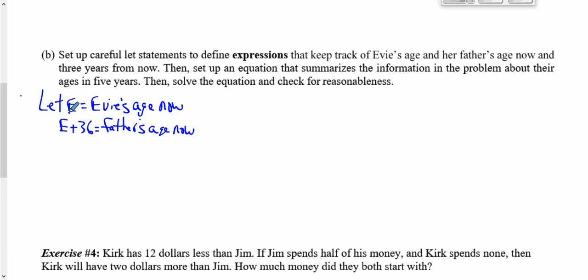In 3 years, how much older than her will he be? 36. Still. Won't he always be 36 years older than Evie? Aha! See, I got you on that one. Okay. Well, somebody caught it here. So I want to get that out.